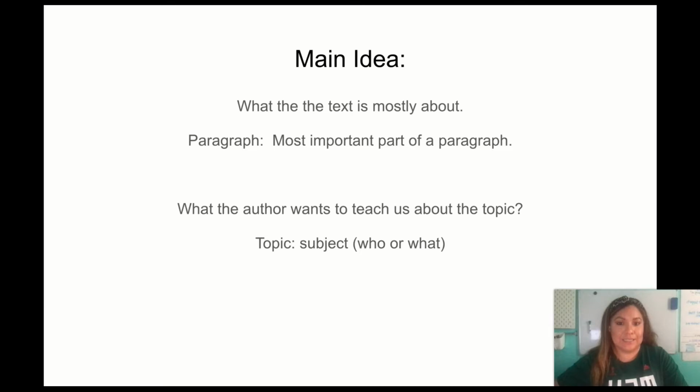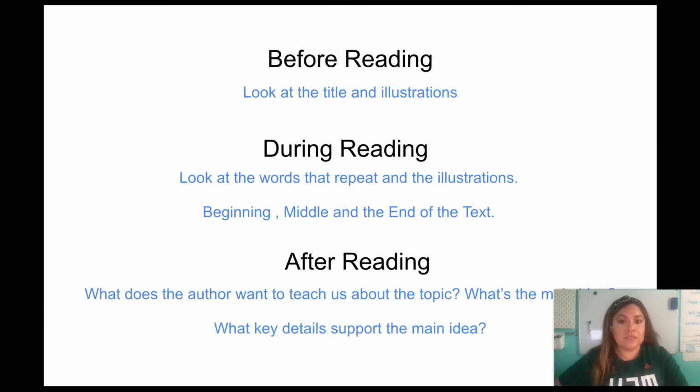So let's continue. Here are the steps to be able to find the main idea. First, we are going to do some work before we read. We're going to look at the title and the illustrations. Two, we're going to do some work while we're reading. During reading, we are going to look at the words that repeat and the illustrations.